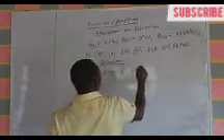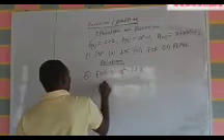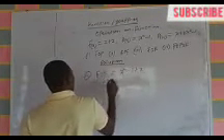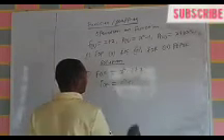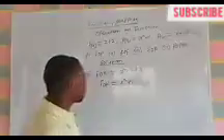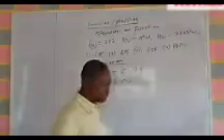We have a plus 2. So F of K is equal to S squared plus 1. Okay?